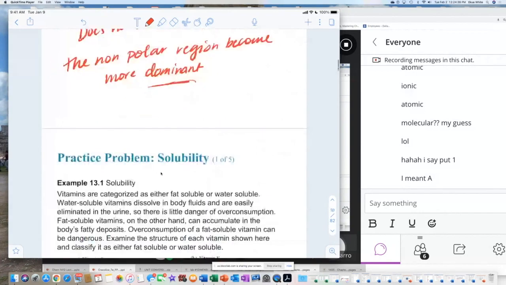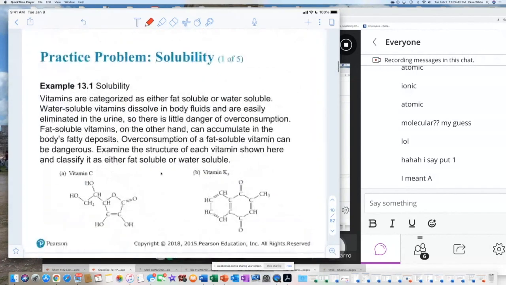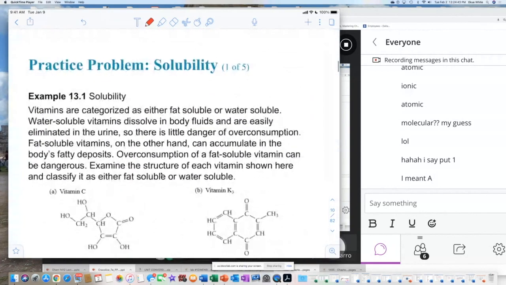So let's look at vitamins. At the time of Corona, we were told to take vitamin D and other vitamins and vitamin C. Let's examine this as far as chemistry and solubility are concerned. I learned this in biology also: vitamins are categorized as either fat soluble or water soluble.